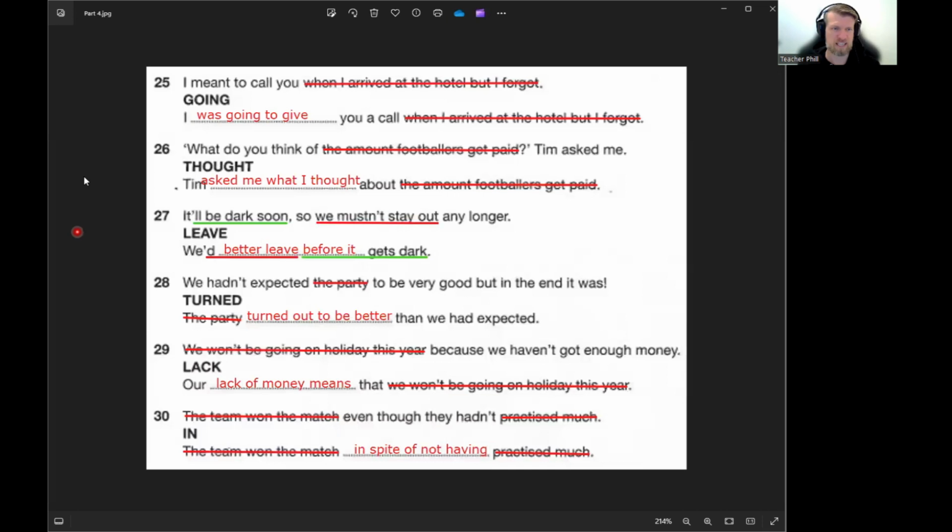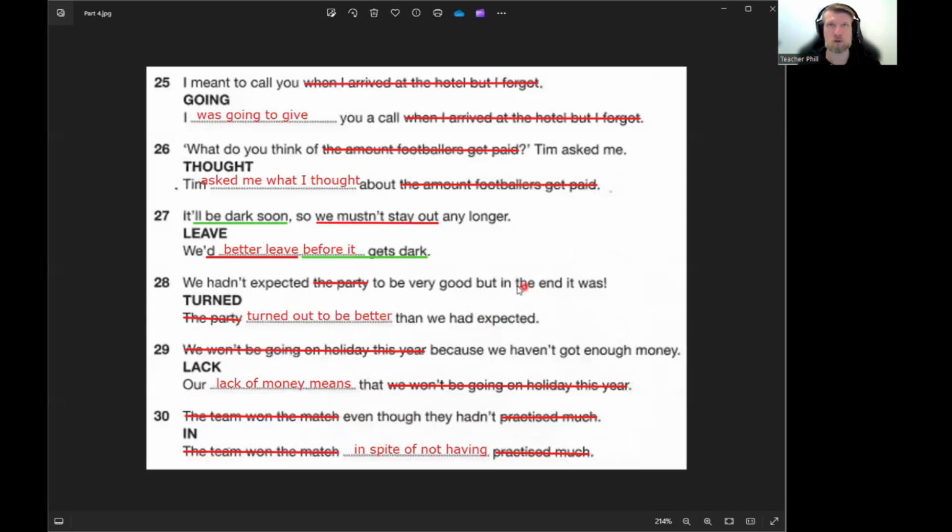So then 28. So here this is difficult because here we need to use a phrasal verb. Yeah, turned out to be better. And I'm quite confident here about my answer, because turn out, it says here, in the end it was. Yeah, and that's exactly what turn out means.